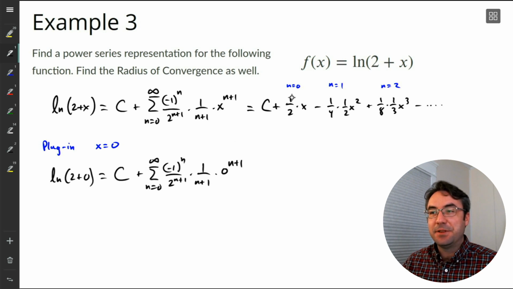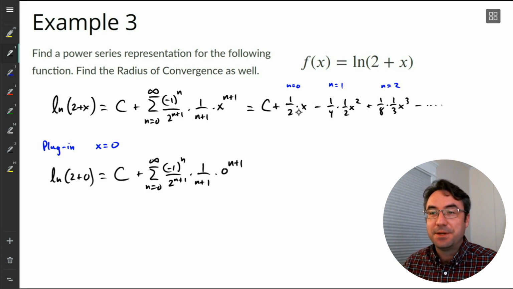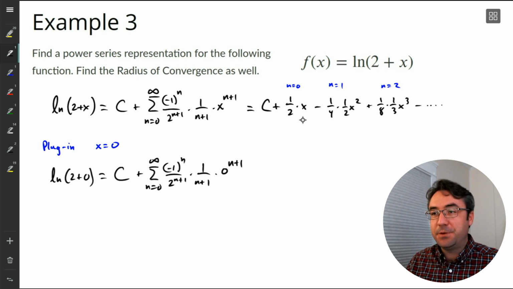And if we look at all of these, the first few terms here, they're all powers of x. So essentially we're plugging x equals 0 into here, x equals 0 into here, x equals 0 into here, and so on. And each of these is just going to be 0. They're just powers of 0. So it's helpful to write out the first few terms here just to see.